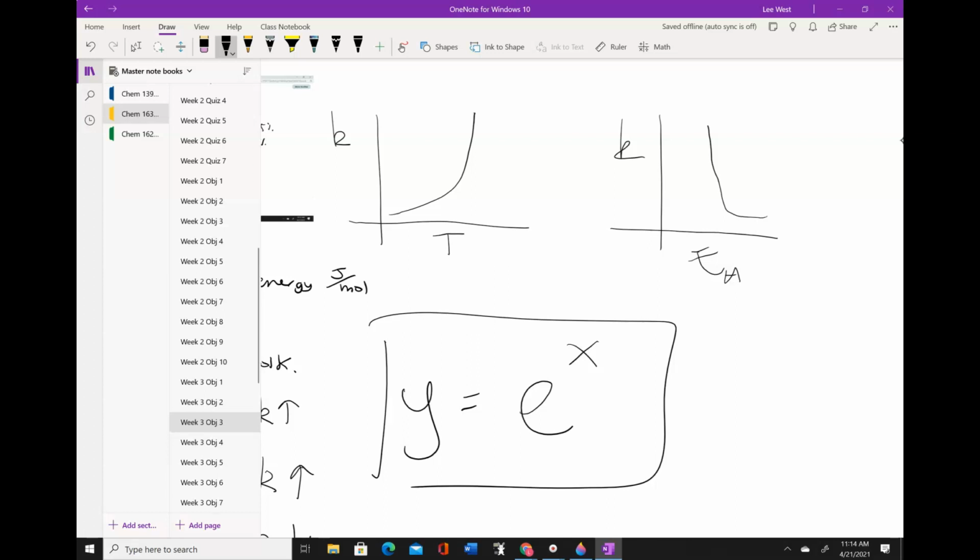But in science and math, it has a very specific meaning. And in this case, our y is our k, isn't it? And then we're saying it has an exponential dependence on the temperature and the activation energy. So you want to be a little bit cautious with using those terms in science and math class.